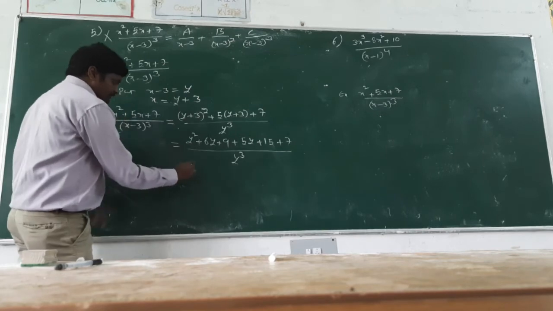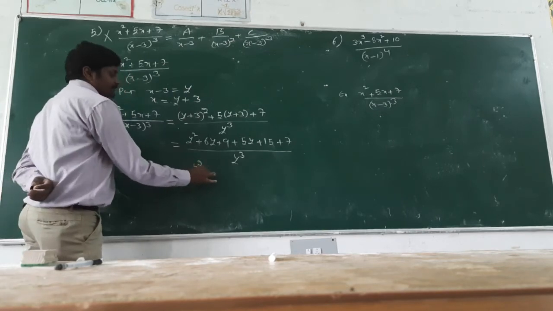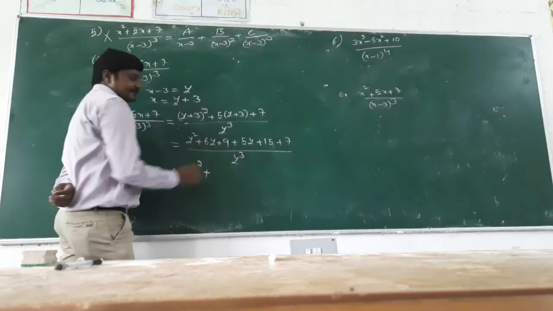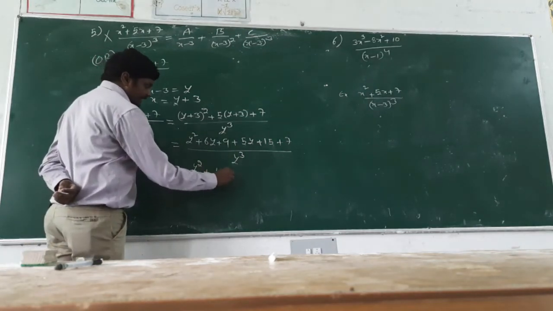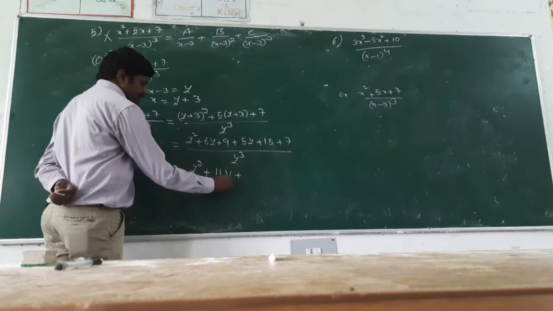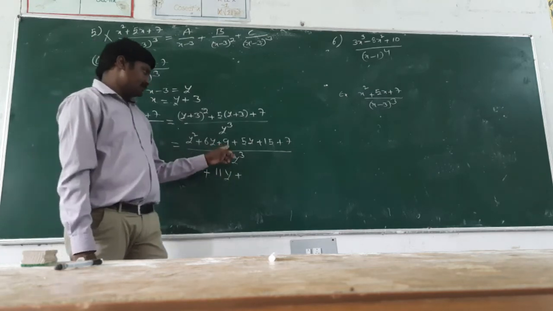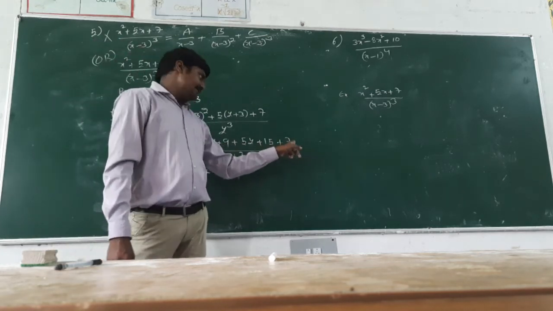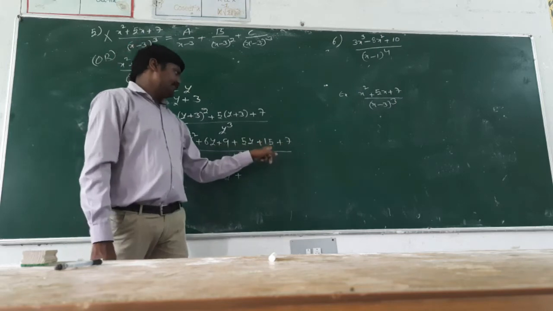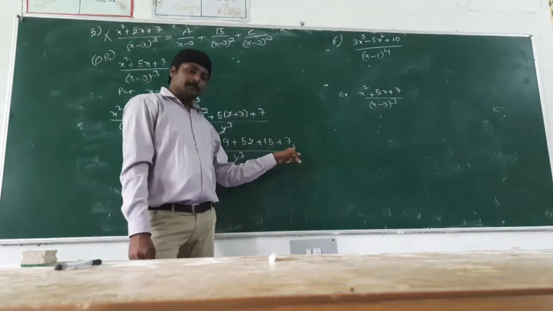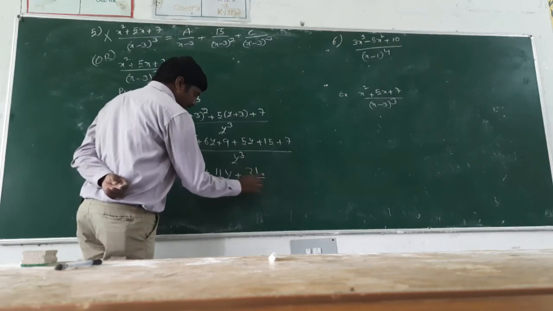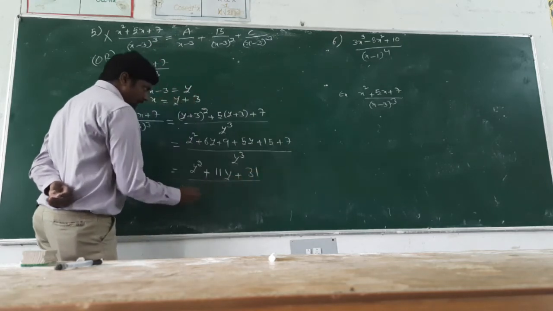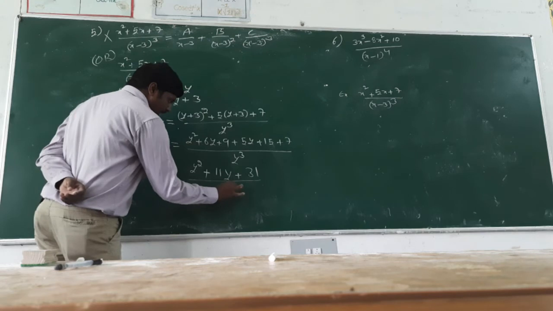Adding the similar terms: y square, 6y plus 5y is 11y, plus the remaining constants 9 plus 15 plus 7, 9 plus 15 is 24, plus 7 is 31, by y cube.